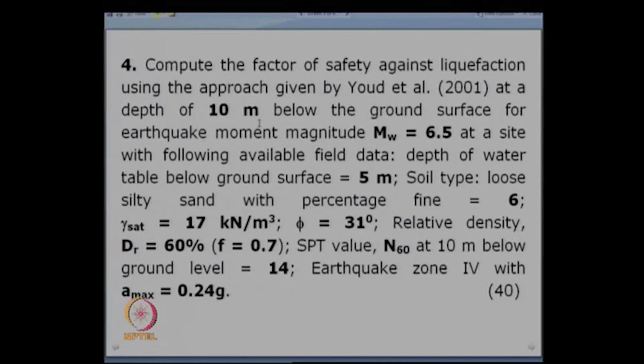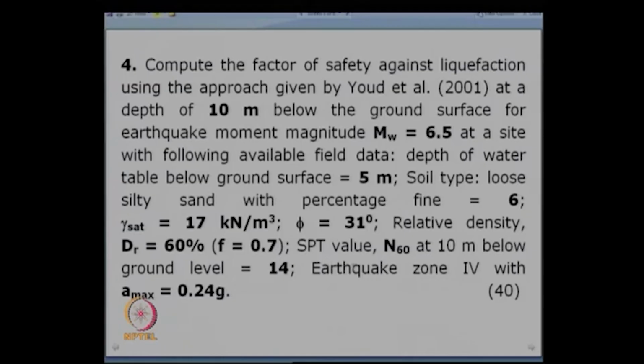At a depth of 10 meter below the ground surface, for earthquake moment magnitude Mw equals 6.5, at a site with following available field data, that is depth of water table below ground surface is 5 meter, soil type loose silty sand with percentage fine is 6%, gamma saturated is 17 kilonewton per meter cube, friction angle of soil phi is 31 degree, relative density Dr is 60% with the factor f equals 0.7, which we need to use for some correction later on.